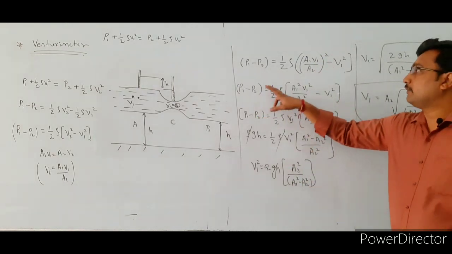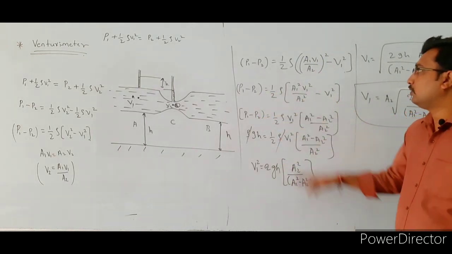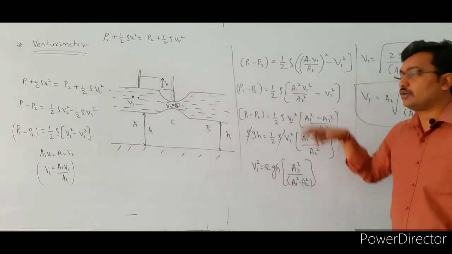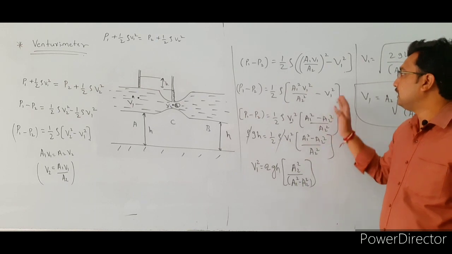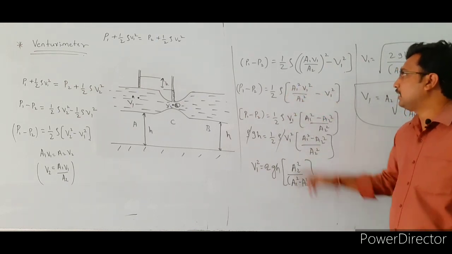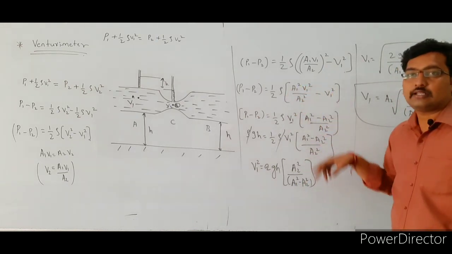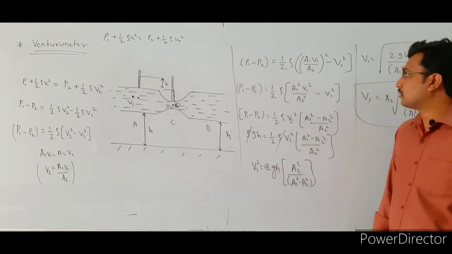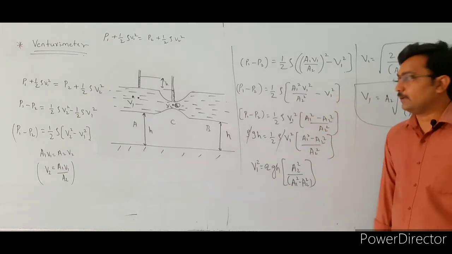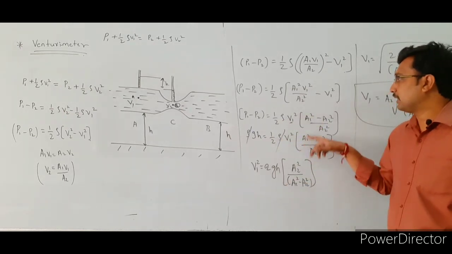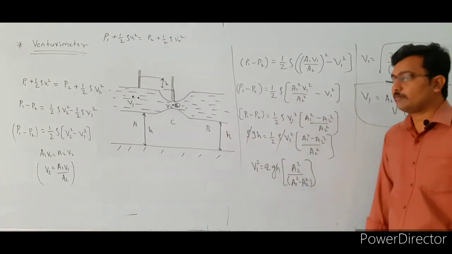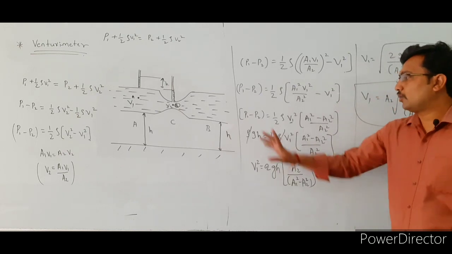So then P1 minus P2 is equal to 1 by 2 rho bracket of A1 square into V1 square divided by A2 square minus V1 square, right? In this case, take V1 square as a common term. Here V1 is there, here also V1 is there. Take V1 as common, after that take LCM. Then the expression becomes 1 by 2 rho into V1 square bracket of A1 square minus A2 square divided by A2 square. So here rho gets cancelled.